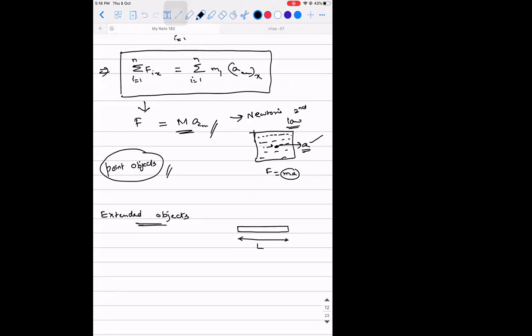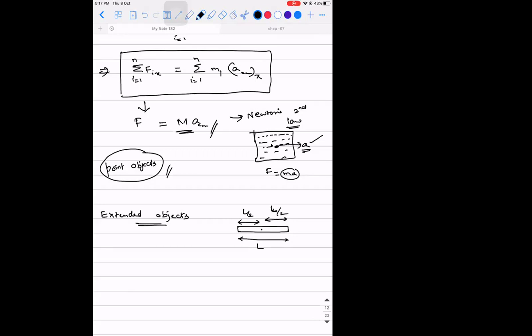So if you have a thin rod of length capital L, where will the center of mass of the system be? It will exactly be at the midpoint. It will be L by 2 from either of the sides.